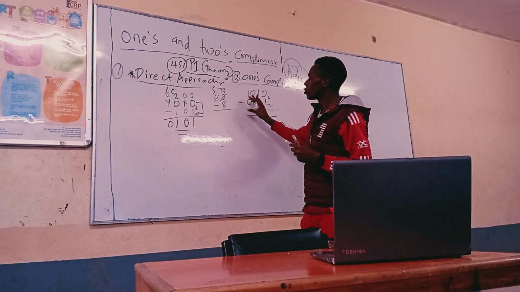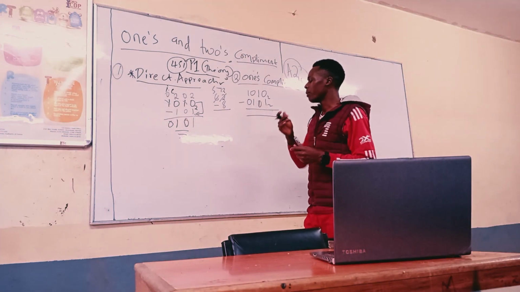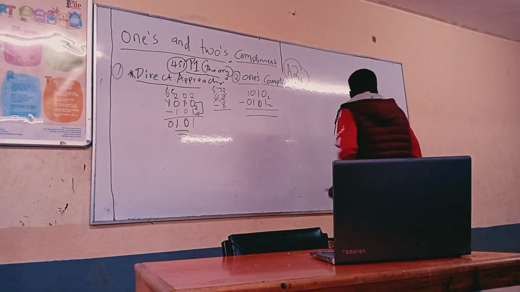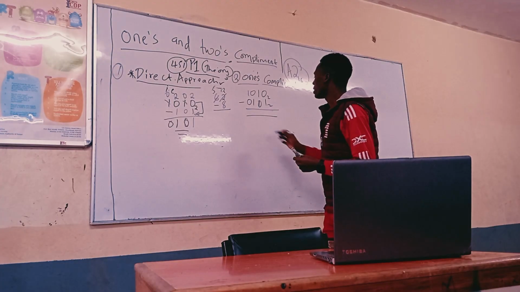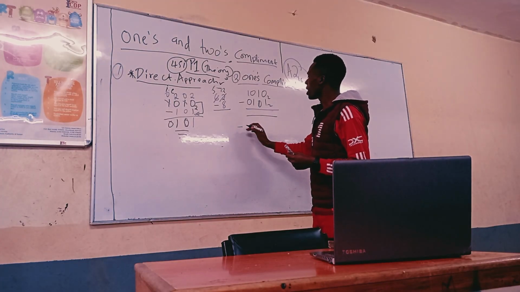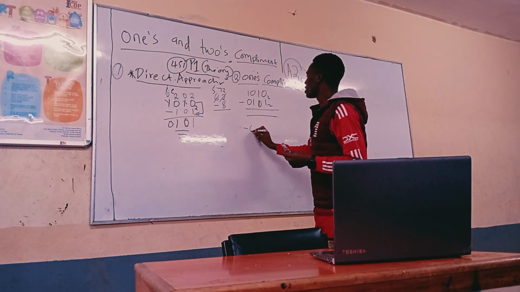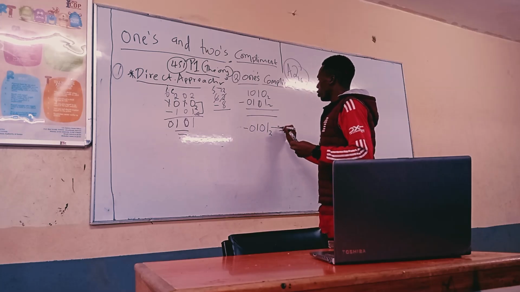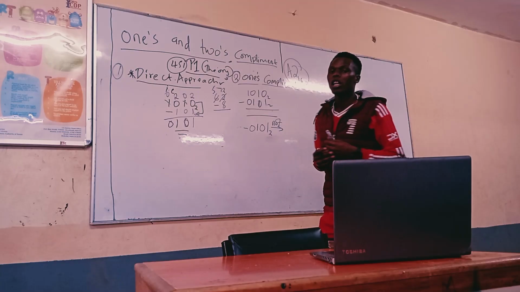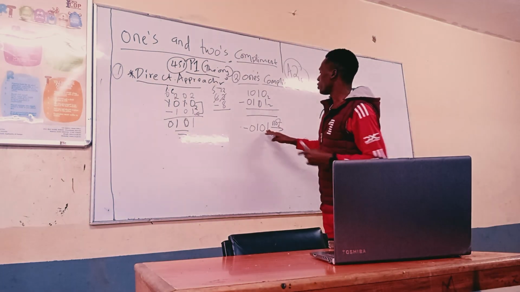Then, for you to solve this using ones complement, what do you do? You take negative 0 1 0 1, and you do the not, the complement of this one.